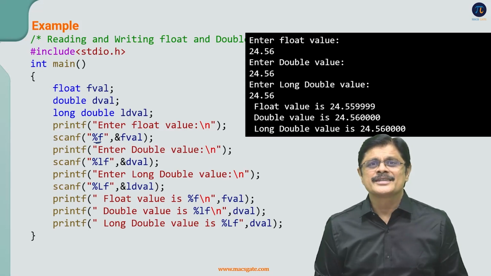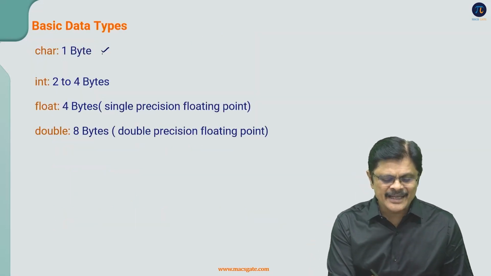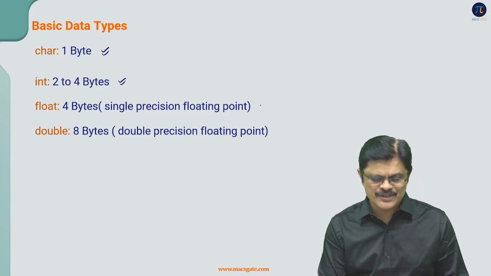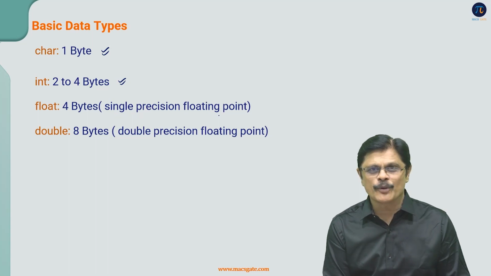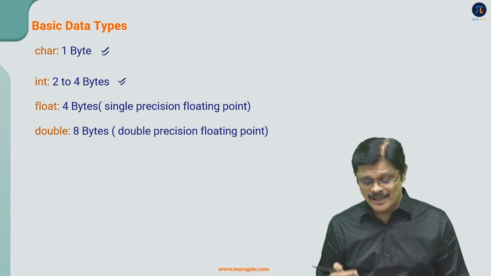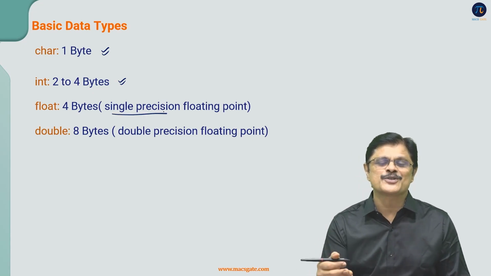Now, we have completed all the basic data types. Char takes 1 byte, integer takes 2 to 4 bytes, whereas float takes 4 bytes, single precision floating point. Double usually takes 8 bytes, and we call it double precision floating point. The sizes depend on the implementation.